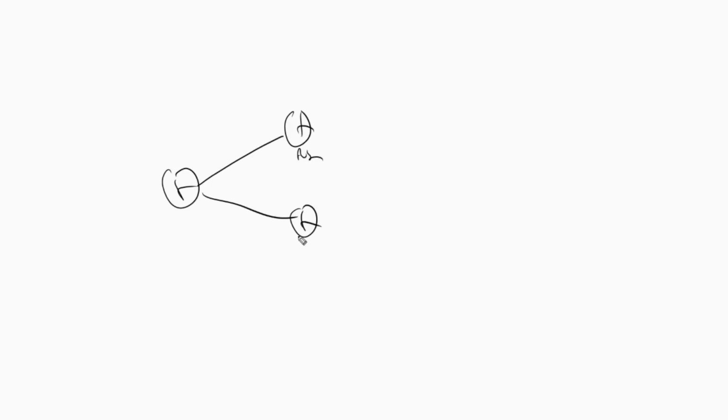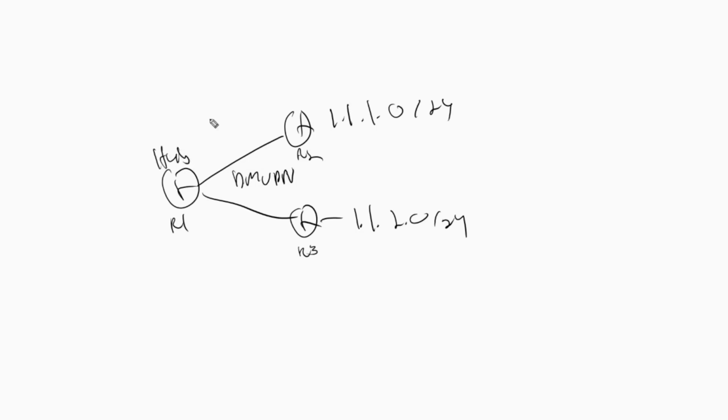Okay, this is R2, this is R3, this is R1. Right here, we have the 1.1.2.0/24 network. Right here, we have the 1.1.1.0/24 network. Okay. So let's say we're running something called DMVPN. This is our hub. And these spokes only know what the hub tells it.